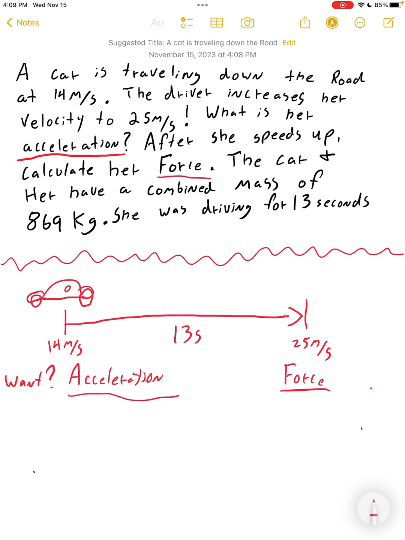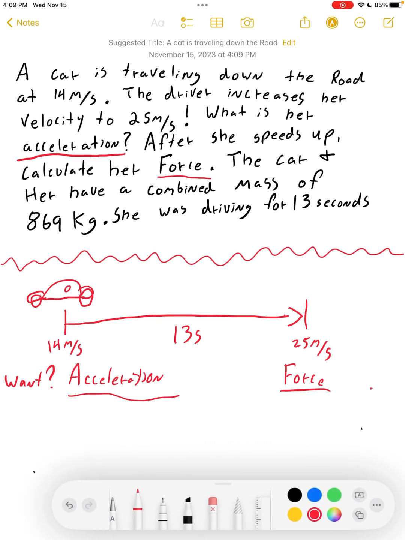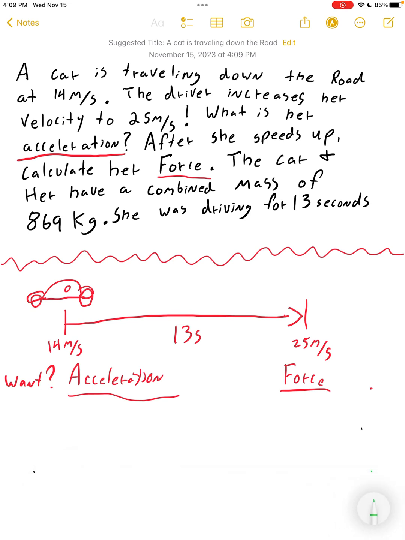So I like to write down, again, what is it that I know? I'm going to switch colors here because I'm switching my thinking process, all right? So acceleration, first of all, we know the formula. Acceleration equals final velocity minus initial velocity divided by the time that it took, okay?